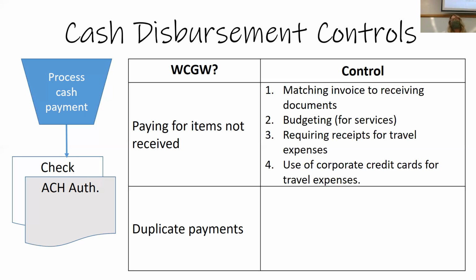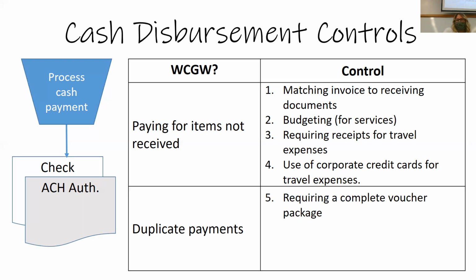We saw that in QuickBooks on the receiving side when we input the purchase order and when we were populating the invoice. Other controls include creating a budget for services so you know what type of service expenditures you can expect, requiring receipts for travel expenses, and then using corporate credit cards for travel expenses.